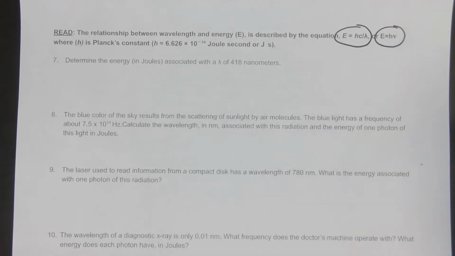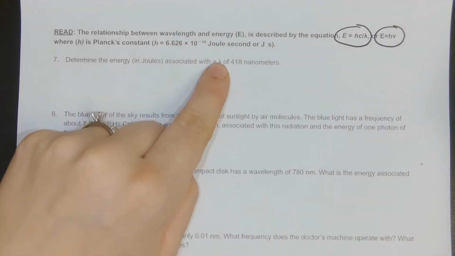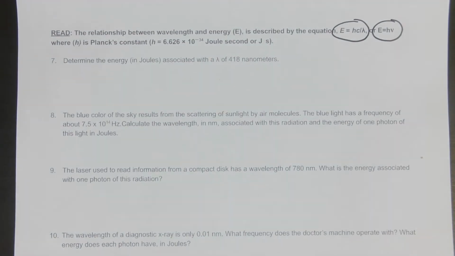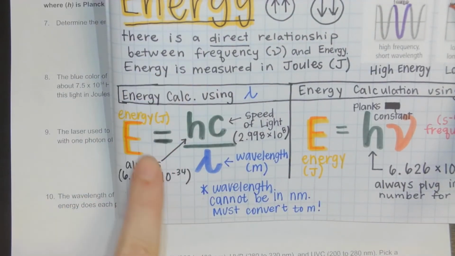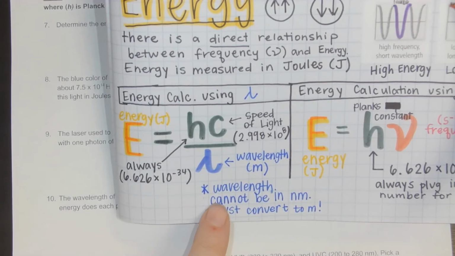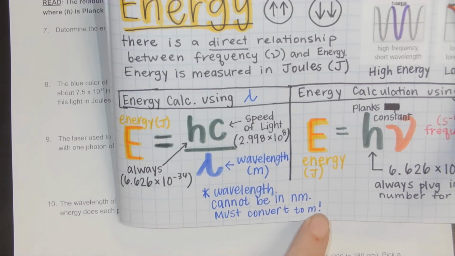And we're going to determine the energy associated with a wavelength of 418 nanometers. I'm going to use this equation here, because it has nanometers. But I can't have it be in nanometers. I need to first convert it to meters.